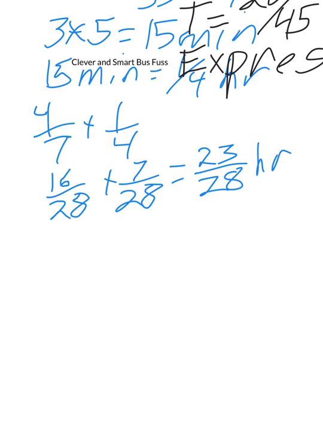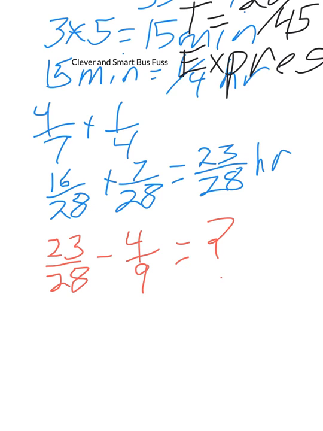I think I'll go to a red pen now. And so what I'm going to do is I'm going to take the limited, 23/28ths, and I'm going to subtract the express, which was 4/9, and we want to find what that equals.